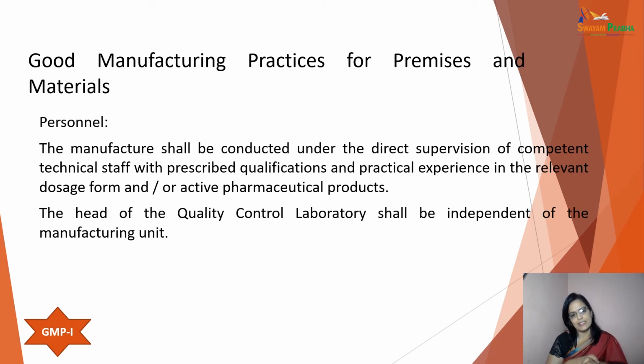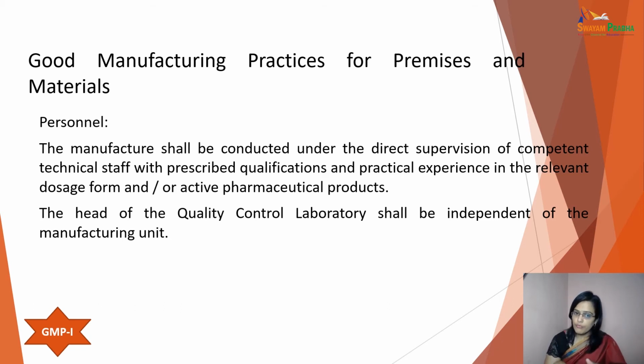Next is personnel. The general requirements as per GMP for the persons who are working in the manufacturing area. The manufacturing shall be conducted under the direct supervision of competent technical staff with the prescribed qualifications and practical experience in the relevant dosage form or active pharmaceutical ingredient.